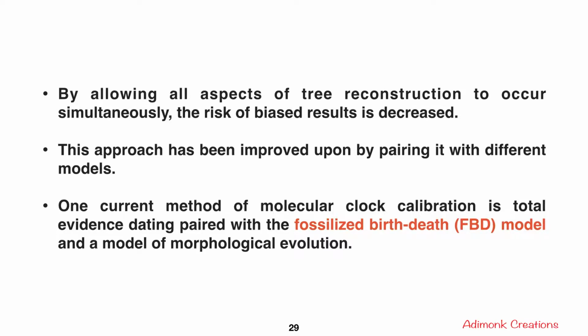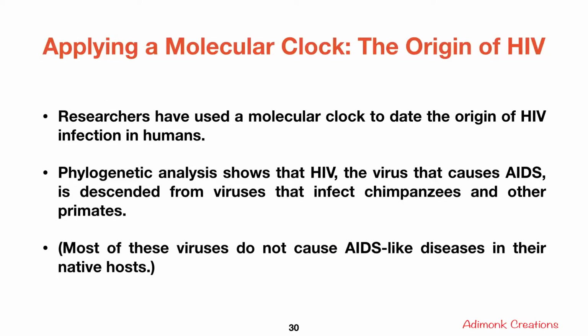This approach has been improved upon by pairing it with different models. One current method of molecular clock calibration is total evidence dating paired with the fossilized birth-death model and a model of morphological evolution. For an example, let's see the origin of the HIV virus using a molecular clock.